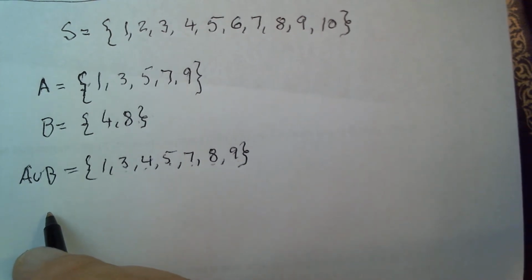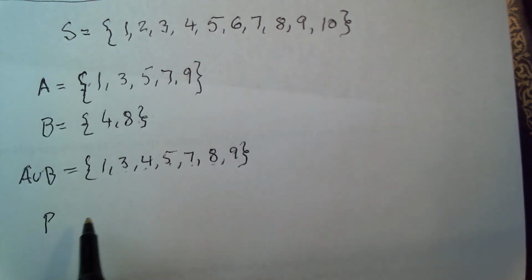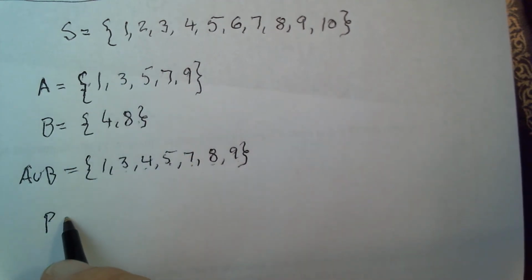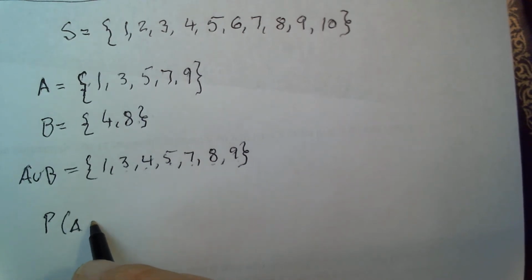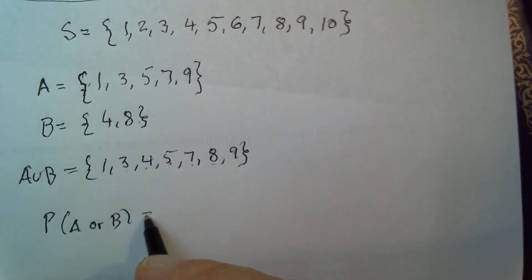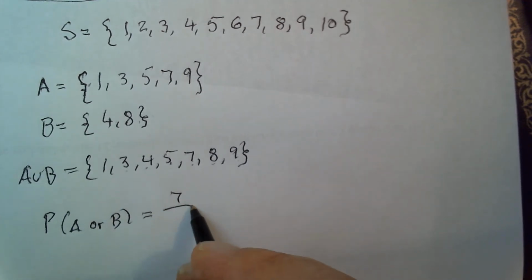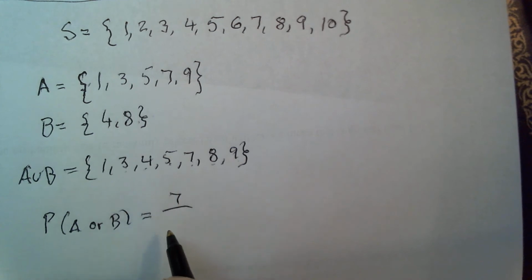So the probability that a number is selected from S that's either in A or B, since we have 7 elements here, would be 7 divided by 10 elements in the sample space, 7 divided by 10.